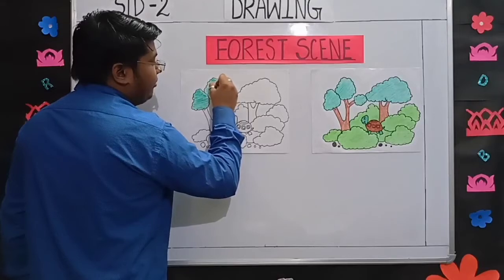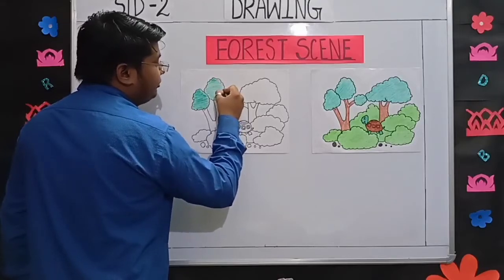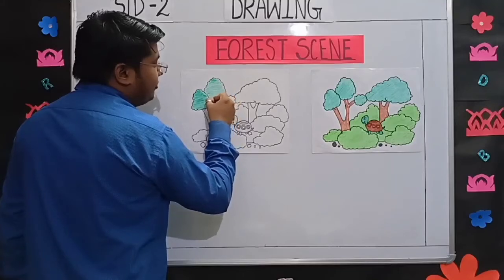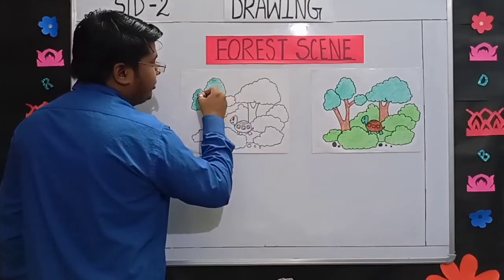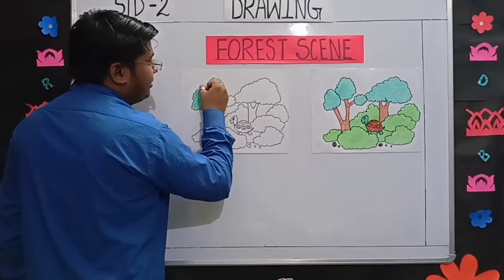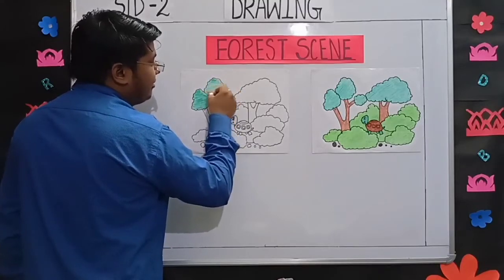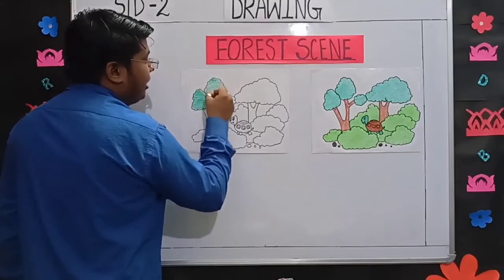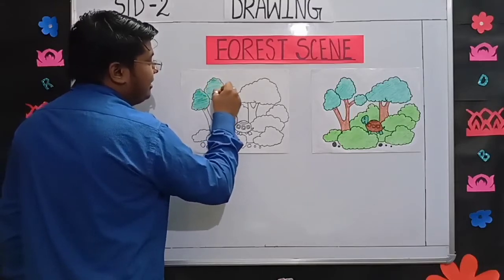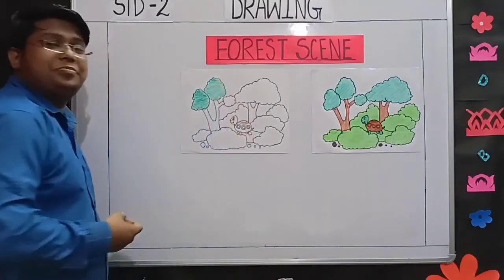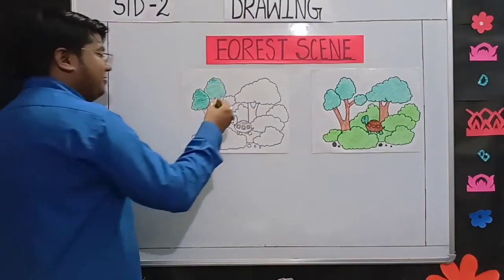We have to be very careful in the corners. All the white patches, we have to take care of all the white patches. We have to recolor the white patches, right? See here. Can you see?